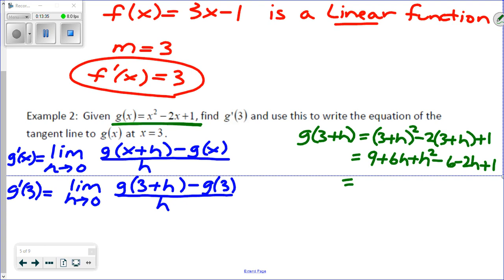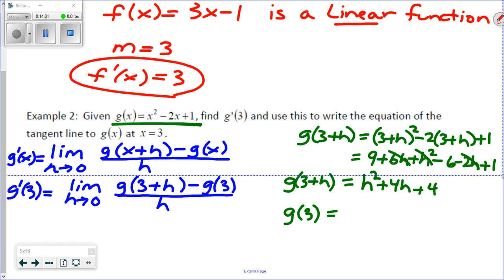And then let's combine our like terms, so we end up with h squared, and then 6h minus 2h is 4h. Got all those taken care of. And then 9 minus 6 is 3, and then 3 plus 1 is 4. Okay, so this is g of 3 plus h. And then I also need to find g of 3.